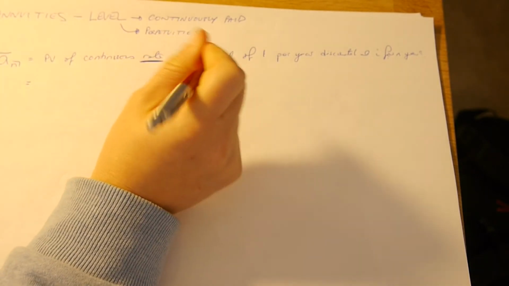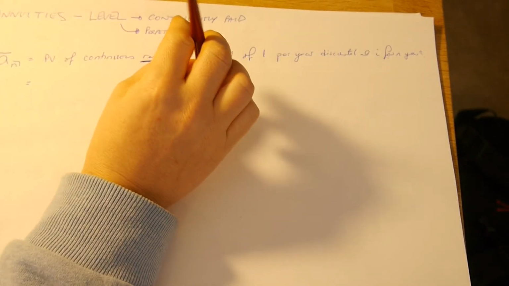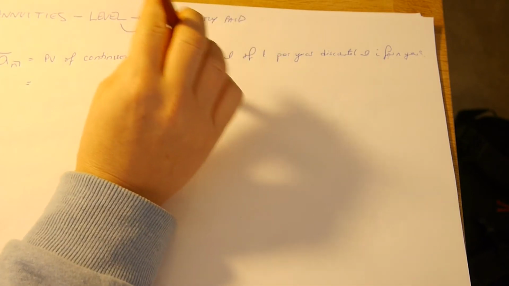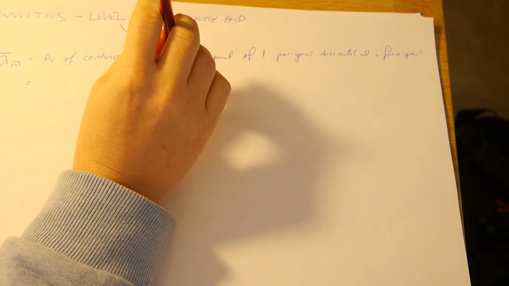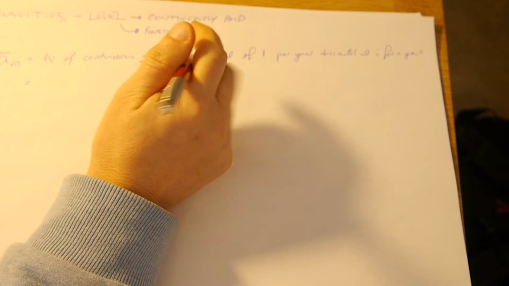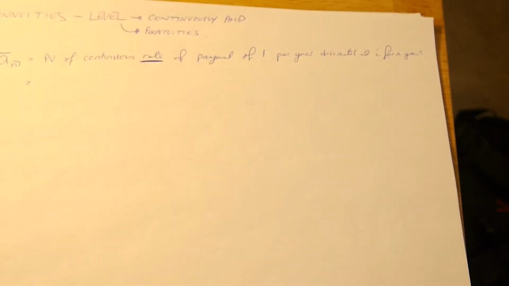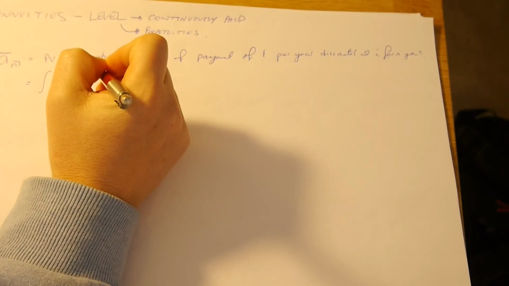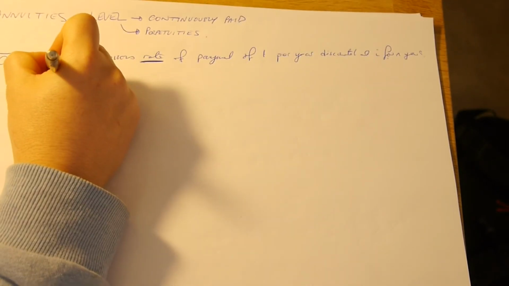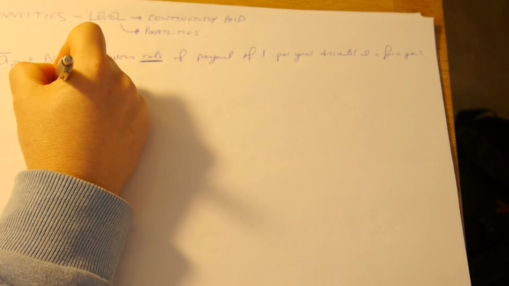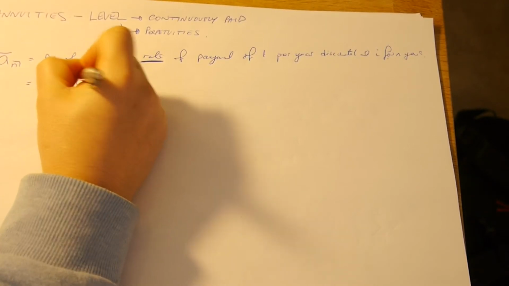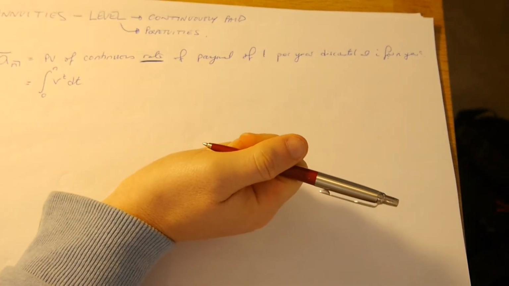Usually we talk about an amount of 1, say, at the start of the year, for annuities in advance, or at the end of the year if it's in arrears. So this could be an integral. There we go.